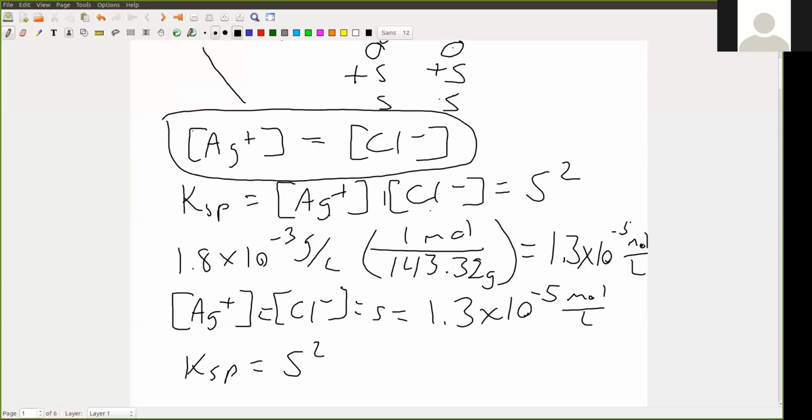So it's like saying 1.3 times 10 to the minus 5 moles per liter per 1 mole per liter. So S squared, which is 1.3 times 10 to the minus 5 squared, gives us 1.6 times 10 to the minus 10. And that's our solubility product. And that matches the value in your textbook. So we did it right.